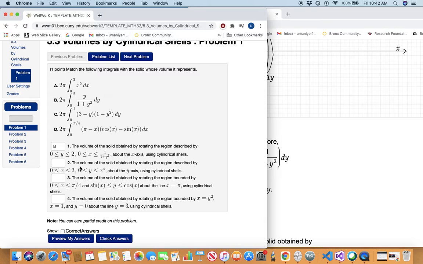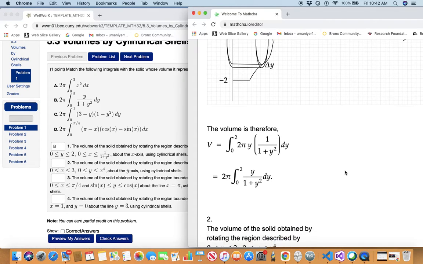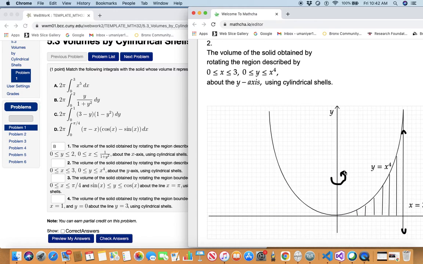All right. The volume of the solid obtained by, so that's the second one. Volume of the solid obtained by rotating the region described by x between 0 and 3, y between 0 and x to the power 4.